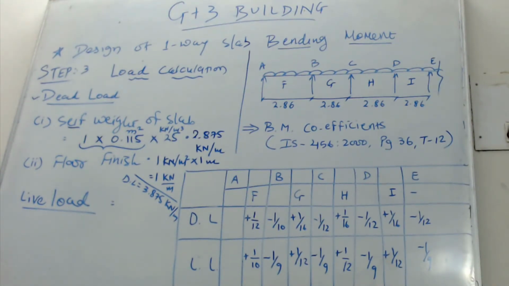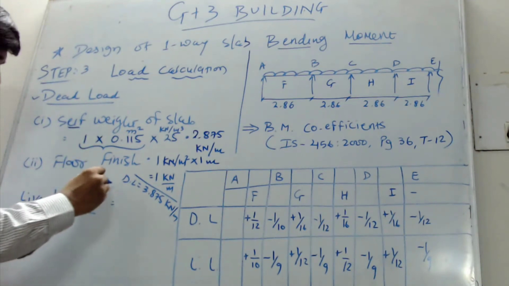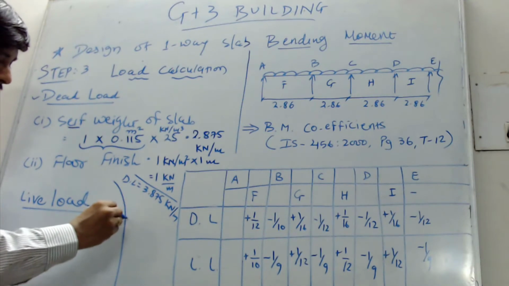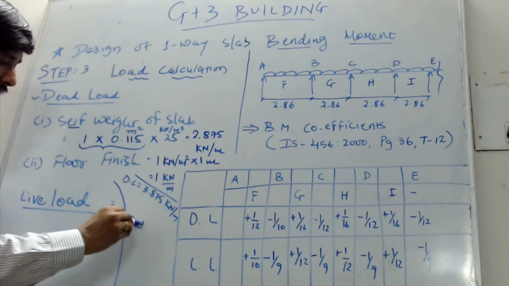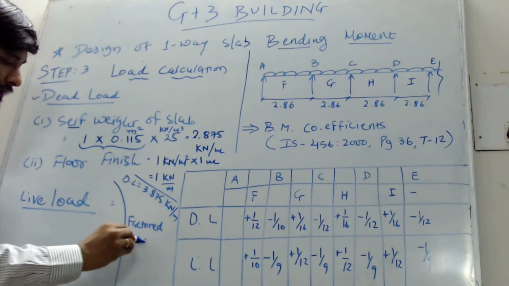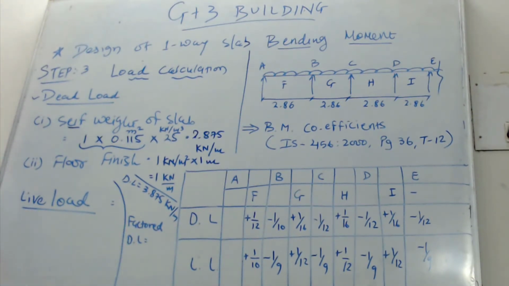Now we need to factor this load. So let's do it like this. Factored dead load. So how to do the factor in RCC? Factor of safety for loading is 1.5.